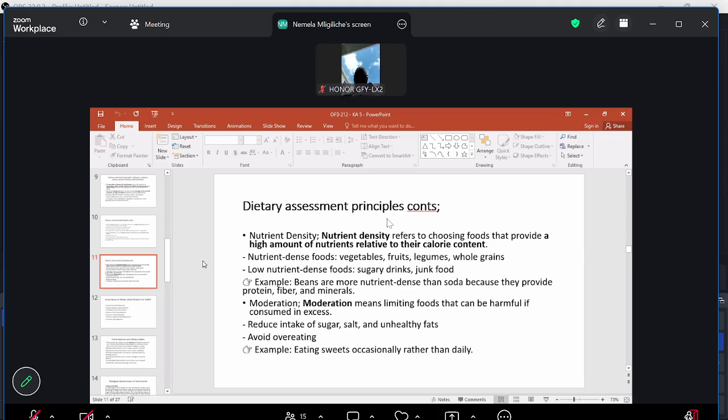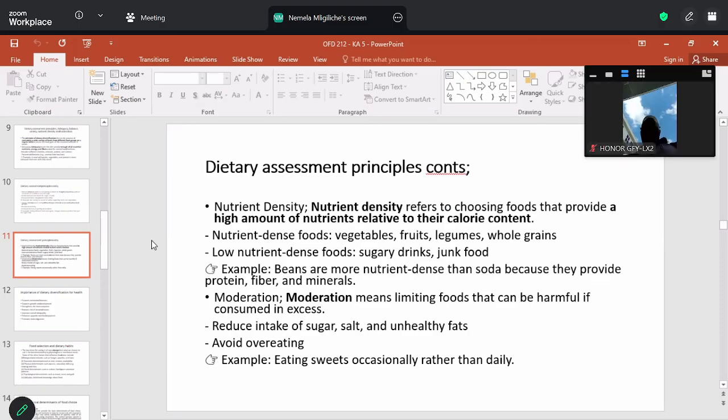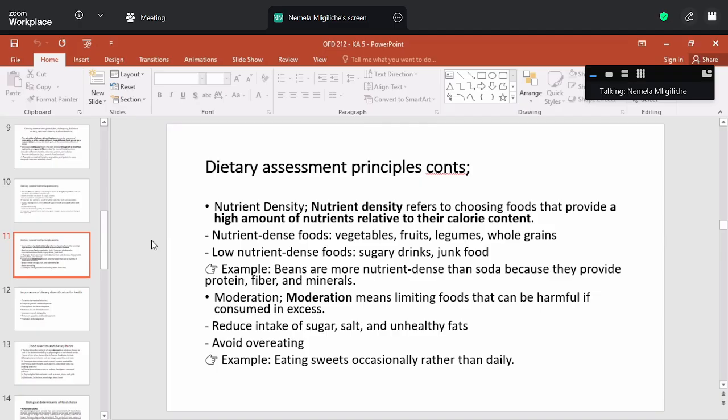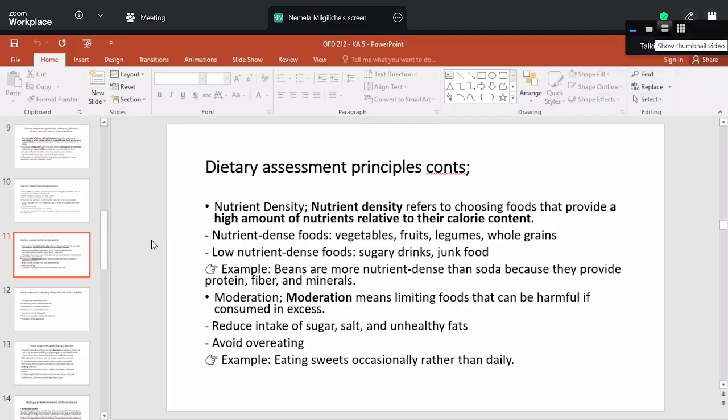Another importance is that it supports growth and development. It also strengthens your immune system, reduces the risk of chronic, non-communicable diseases, enhances appetite and food enjoyment, and promotes better digestion.